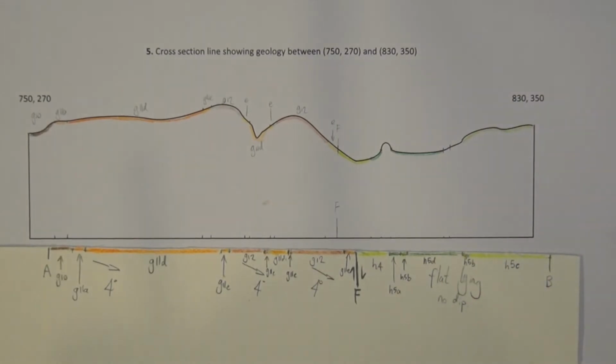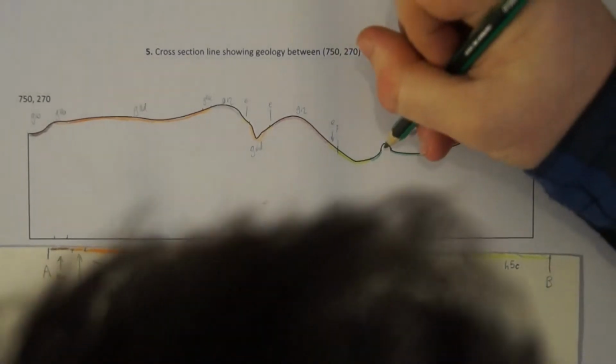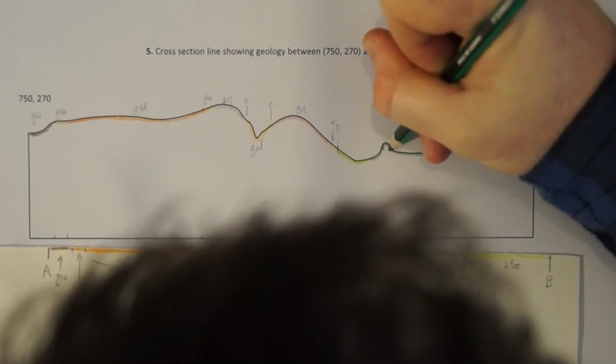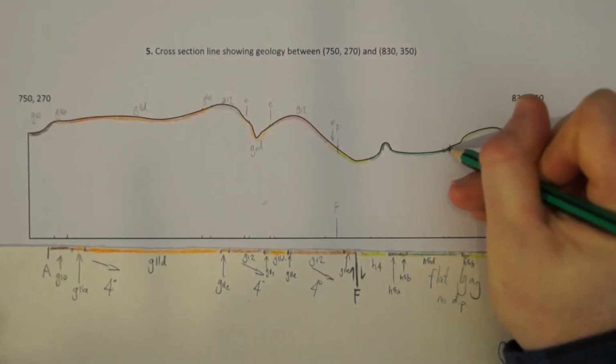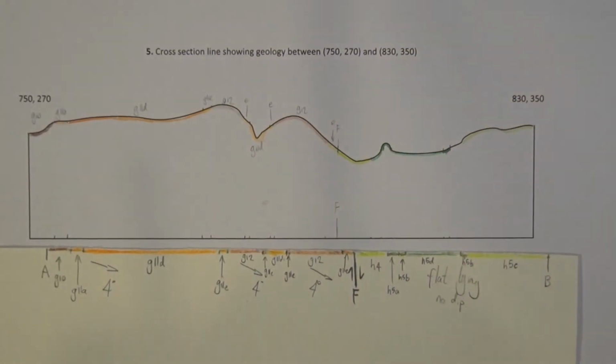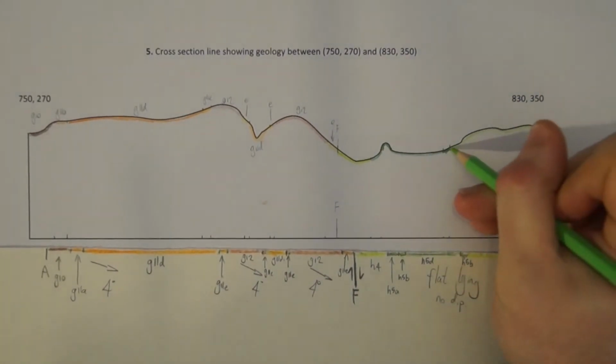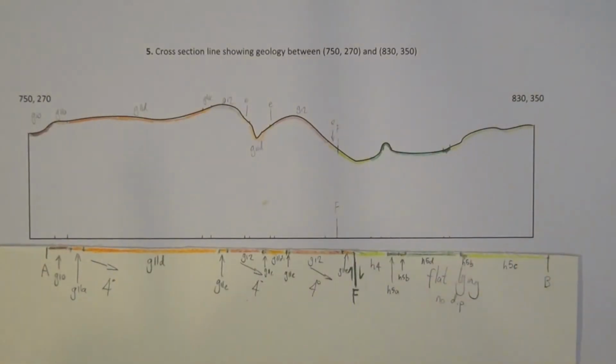And then let's see if I can use this colour to distinguish sort of the middle chalk. Okay, so if we were to walk along this landscape, that's where we'd hit these different geological contacts.